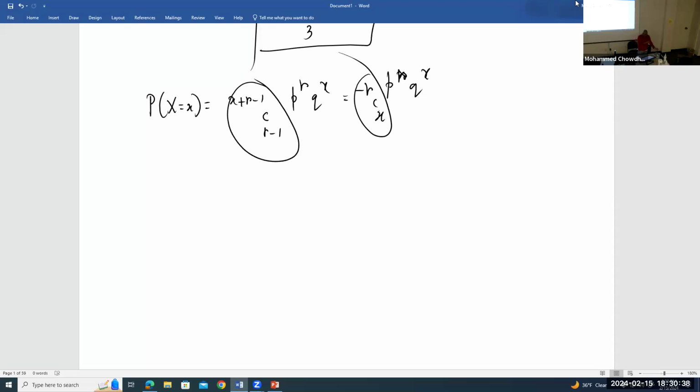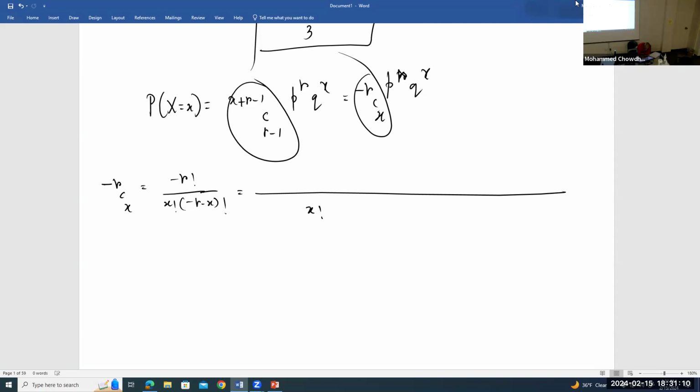Okay. So now let me show you these things. Minus r C x can be written as minus r factorial over x factorial times minus r minus x factorial, which can be written very clearly like this.